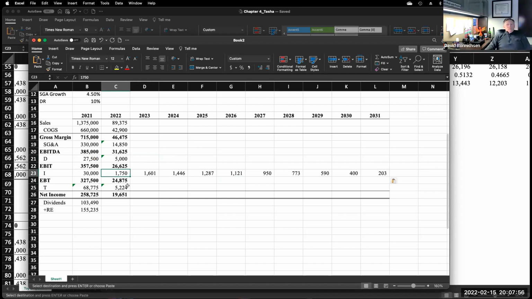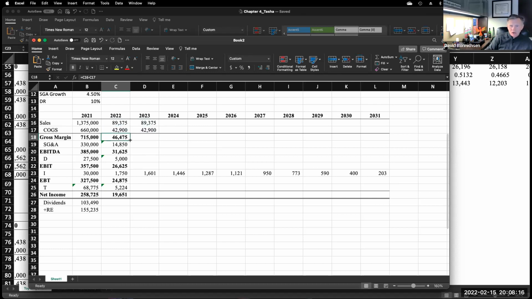And now it's really just a matter of clicking and dragging, right? So for 2023, we're going to do the same that we did the prior year. So it's just equals the prior year. Same thing for COGS, equal the prior year.